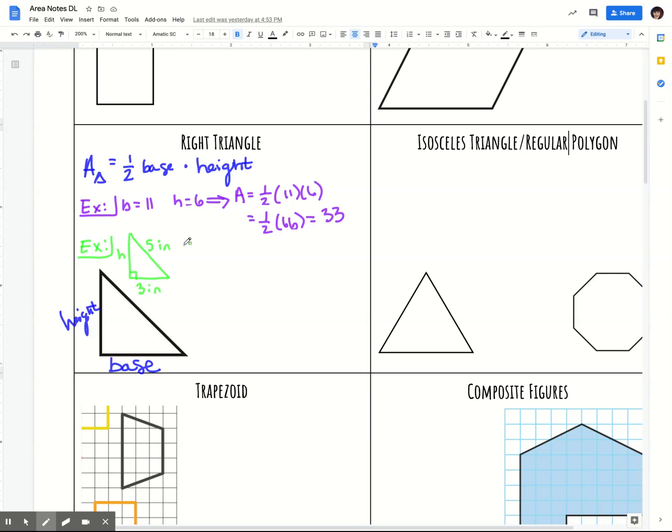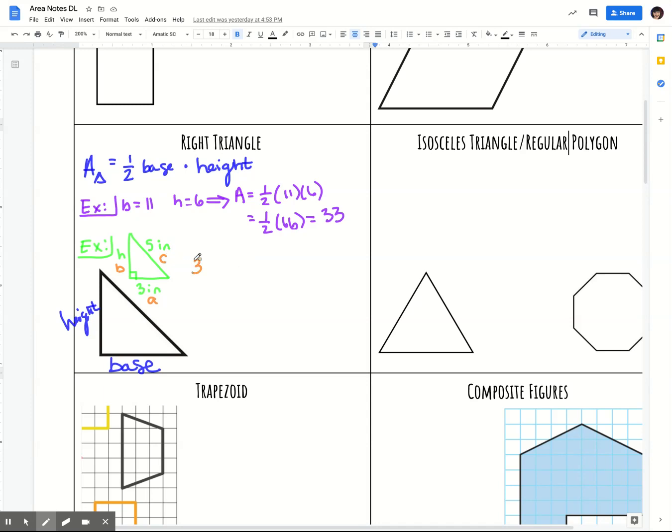Okay. Now, some of you may recognize this as a 3, 4, 5 triangle. If you do recognize it as a 3, 4, 5 triangle, you don't have to use the Pythagorean theorem. But for my people that may not recognize this as a Pythagorean triple, you can find the height using the Pythagorean theorem, right? Because 3 inches would be a, the height would be b, and the 5 inches would be c.